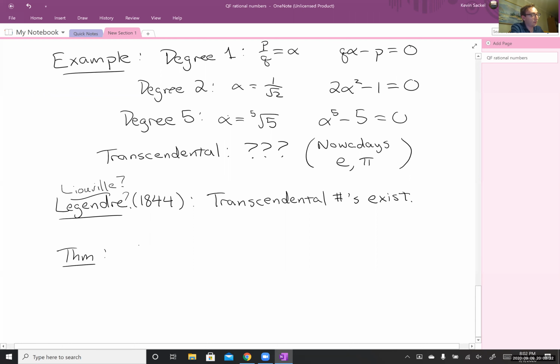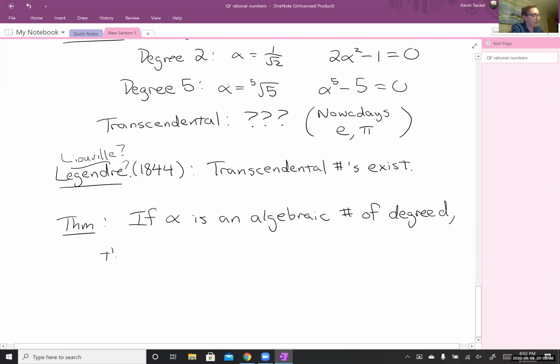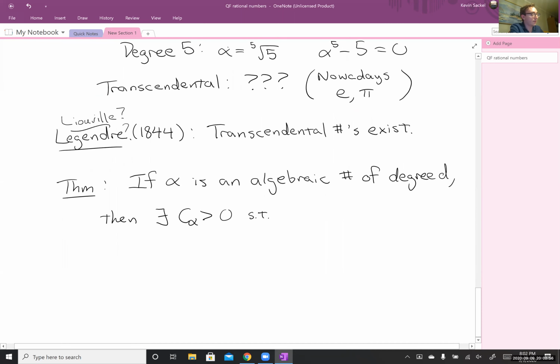It says that if alpha is an algebraic number of degree d, then there exists a constant C_alpha greater than 0 such that for all p over q, a rational number, we have that |alpha minus p/q| is always larger than C_alpha over q to the d.